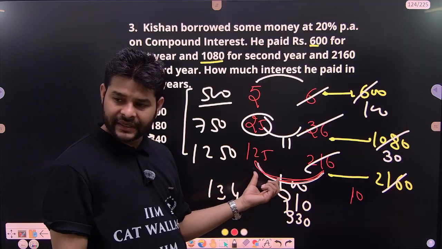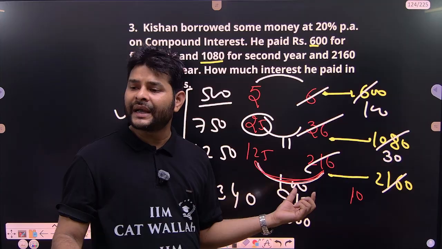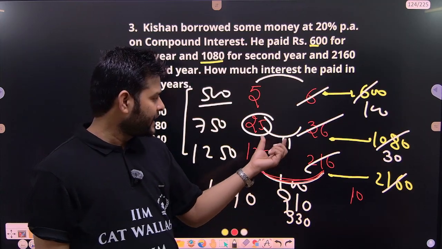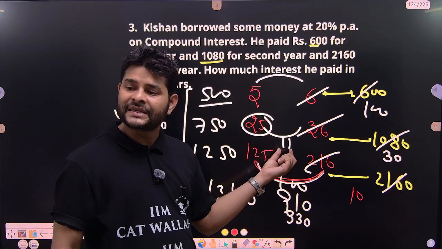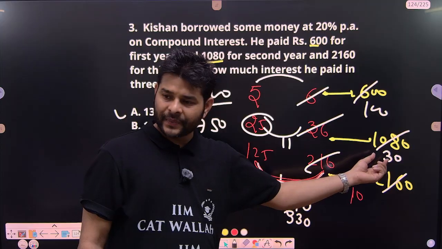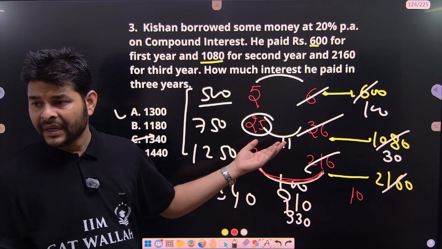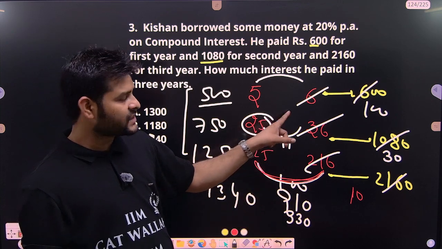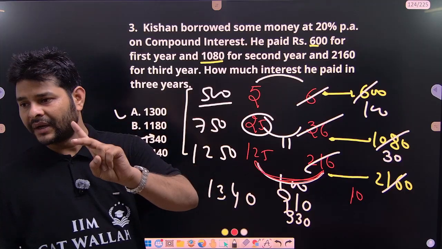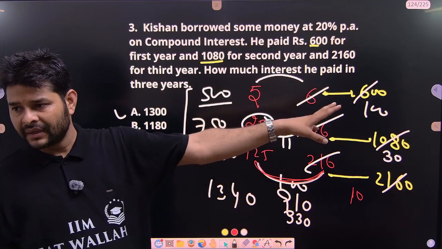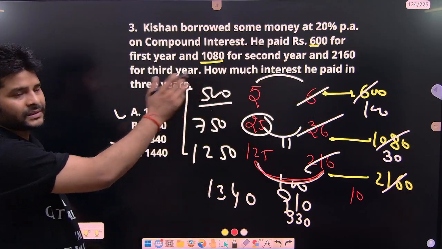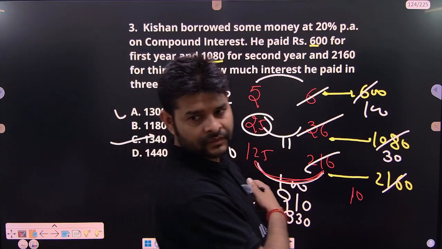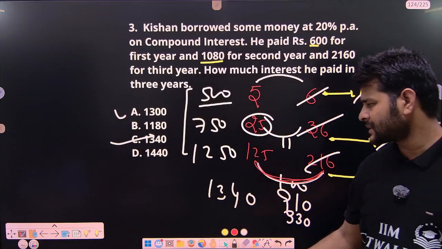So basically in the third year he paid 910 as interest. And in the first year, he paid 1 as interest, where 1 unit represents 100. In the second year, he paid 11 units as interest, so 1 unit represents 30 and 11 units would be 330. So the total interest we have been asked. Quite clear? Next.